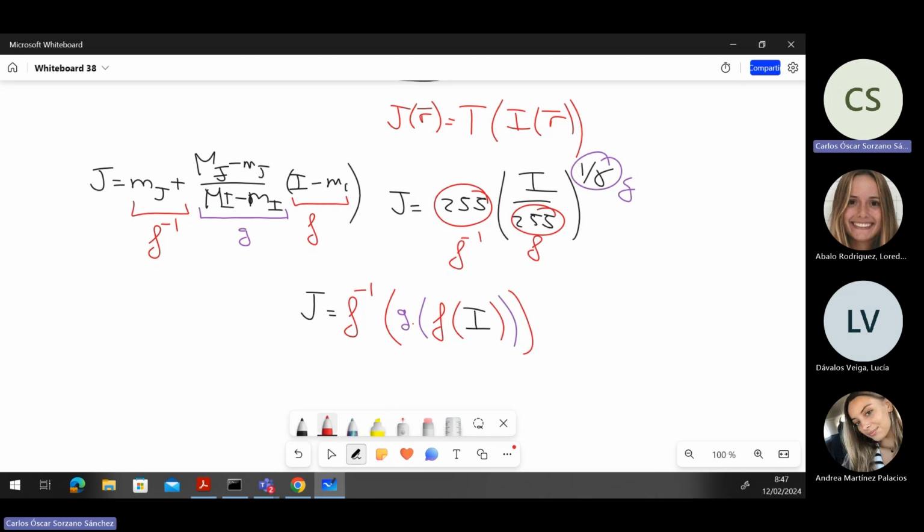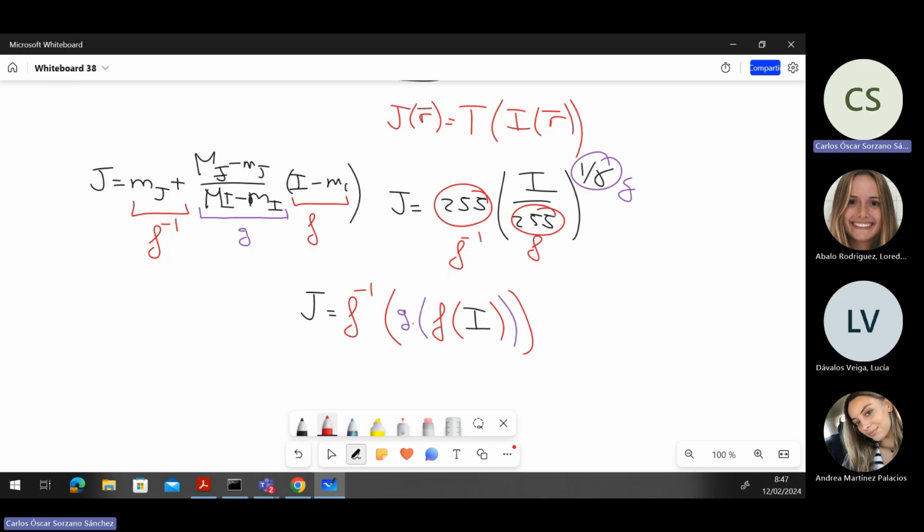So my input images are between 0 and 255, say. So first I divide by 255. Then now my new image is between 0 and 1. Then I apply a transformation, and then I bring it back to 0 to 255. That's it.